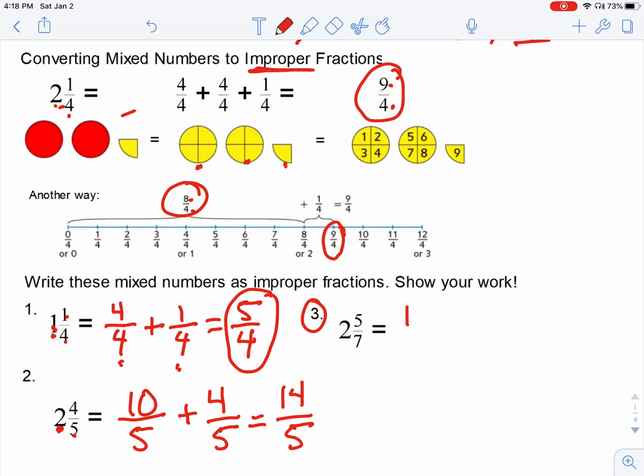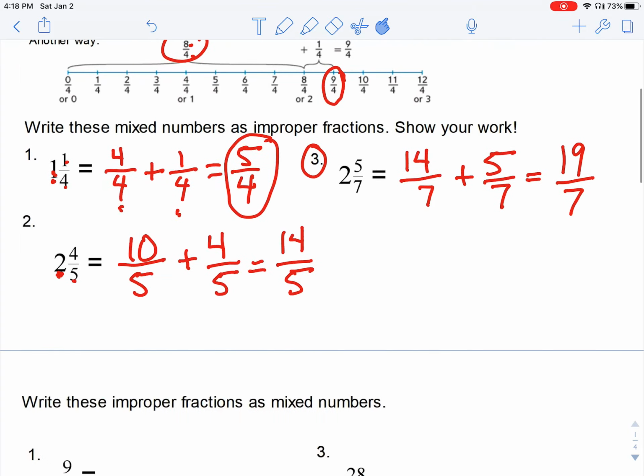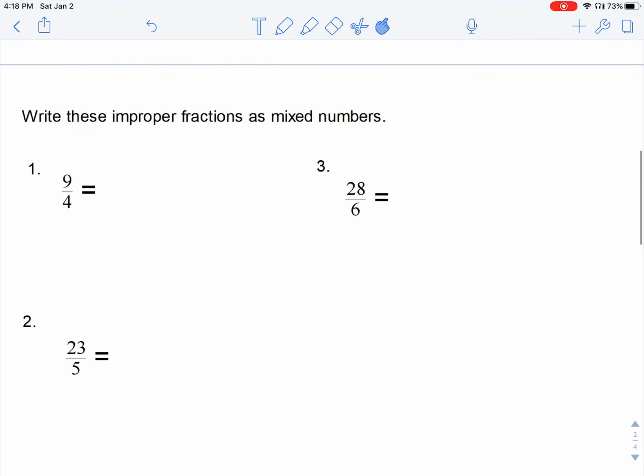So I noticed that 14/7 plus 5 more sevenths will bring me up to 19/7. If you agree, give a woohoo. Beautiful. So now we can actually go the other way too, from an improper fraction to a mixed number.